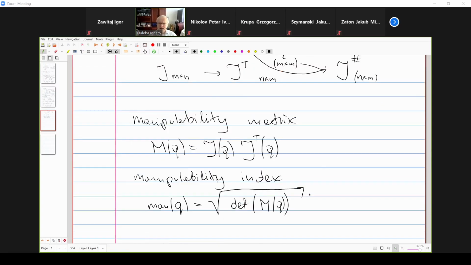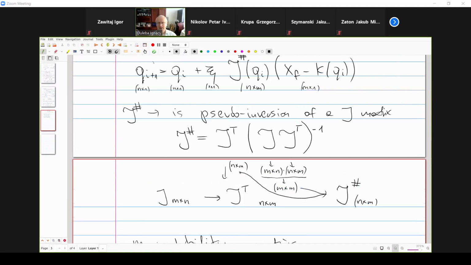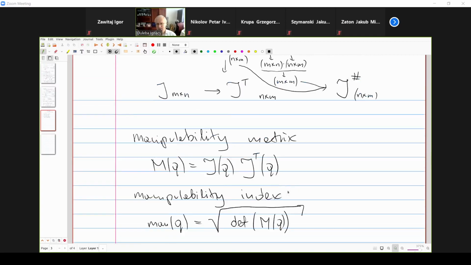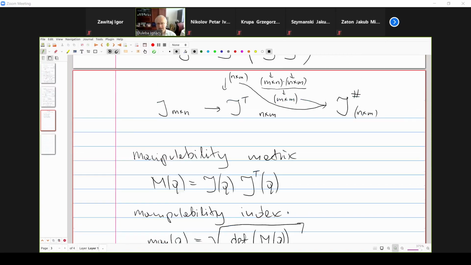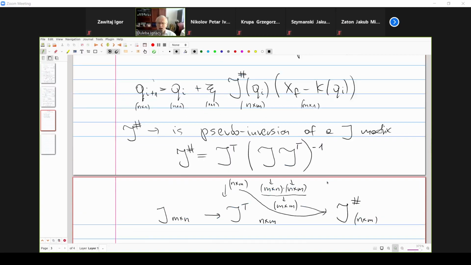So roughly speaking, the manipulability matrix can be defined for any manipulator, redundant or non-redundant, doesn't matter. And based on that, we can also define the manipulability index. And as you can see, the manipulability index gets the value of 0 when this matrix cannot be inverted.